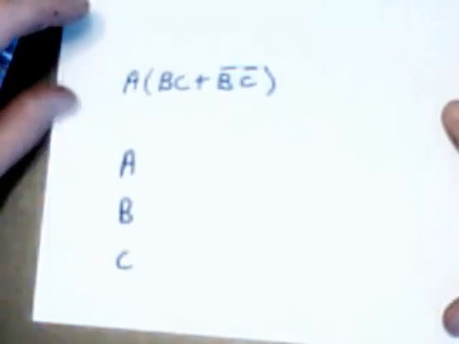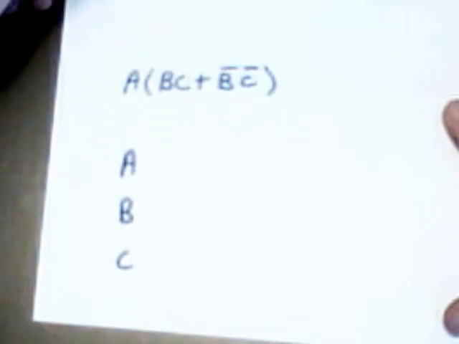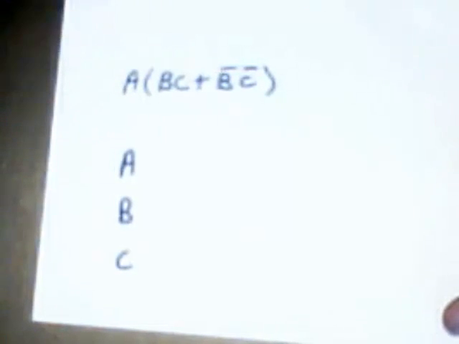I look at my Boolean, I look at my order of operations. Order of operations says parentheses first, and then multiply and divide, then add and subtract.